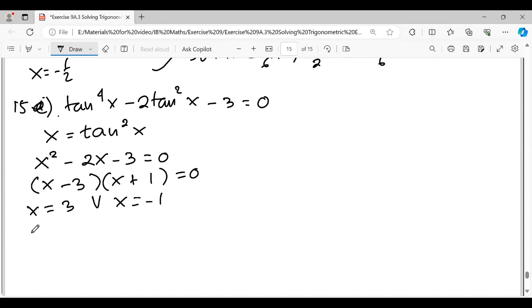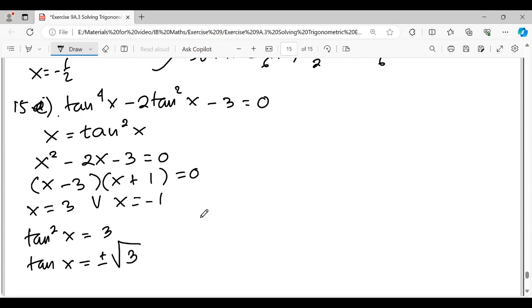So if x equals 3, it means tangent squared x equals 3, so tangent x equals plus minus square root 3.